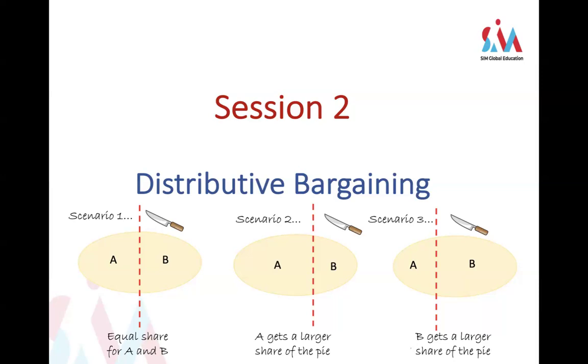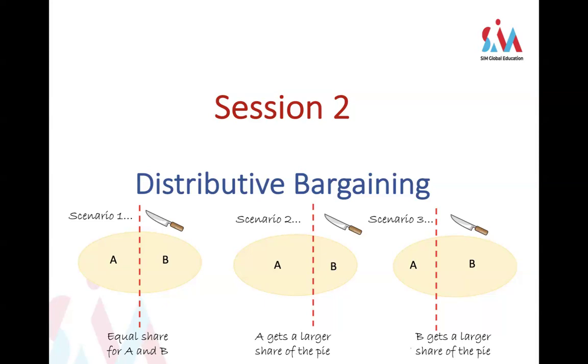In scenario number 2, in the middle, we are going to slice it somewhere to the right such that A gets a larger share of the pie. And in scenario number 3, we are going to slice it somewhere to the left such that B gets a larger share of the pie.